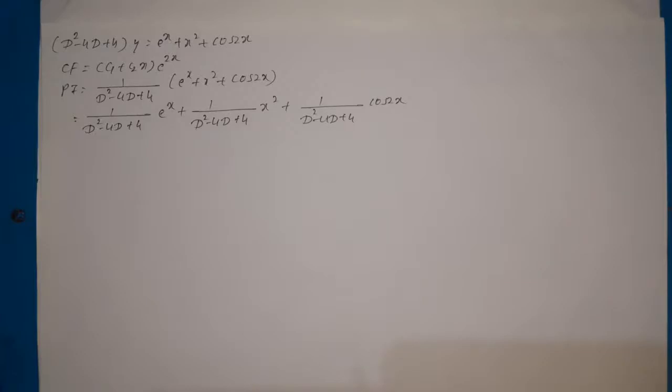f of D. So f of D is D square minus 4D plus 4, into e power x plus x square plus cos 2x, and the next step is to write the function in the denominator for each and every function present on the RHS. So here we have three functions, then write the denominator separately for all the three functions.